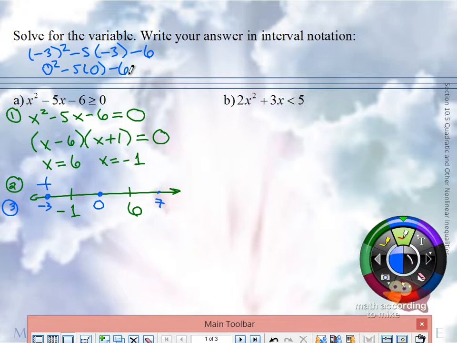Negative. How about 7? So 49 minus 35 minus 6. Positive.